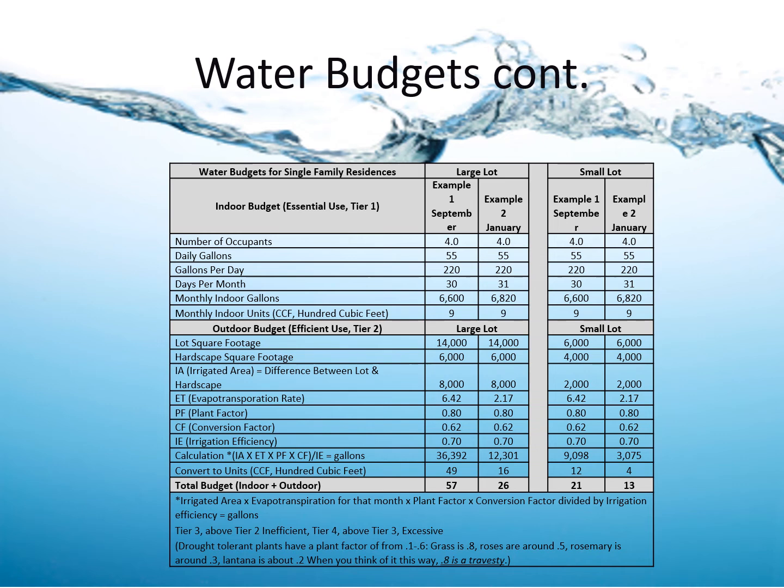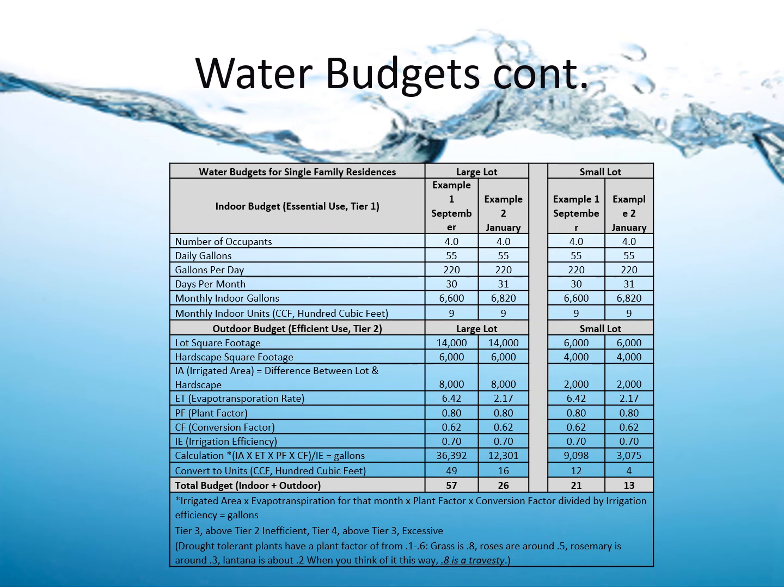So you're going to go 8,000 times 6.42 times 0.8 times 0.62, all divided by 0.7, and you're going to come up with 36,392 gallons. If you divide that by 748 to get units, you're going to come up with 49 units.